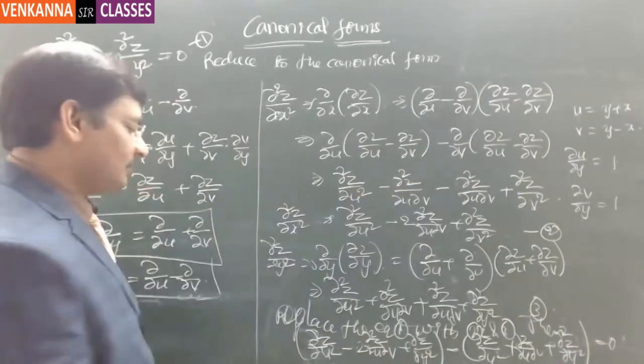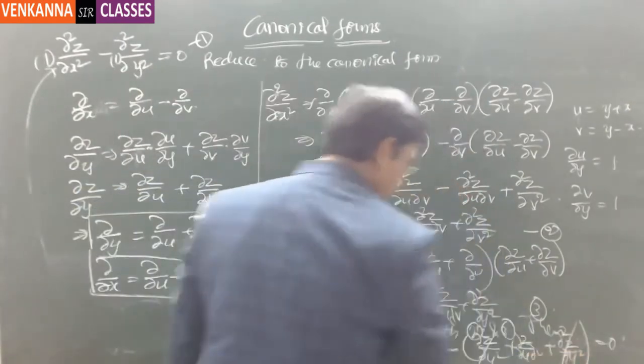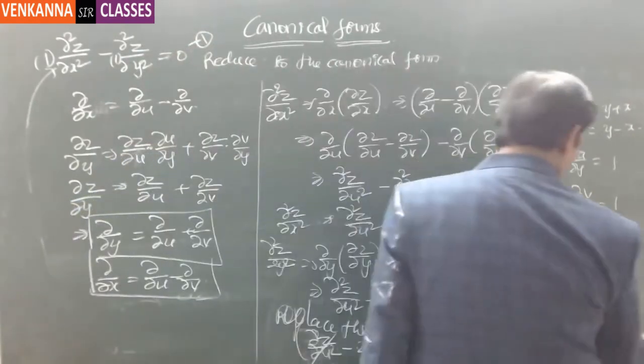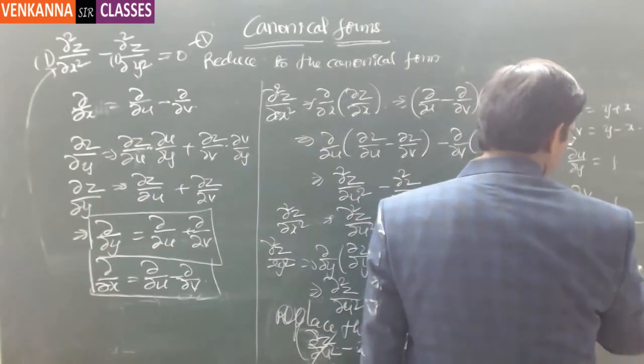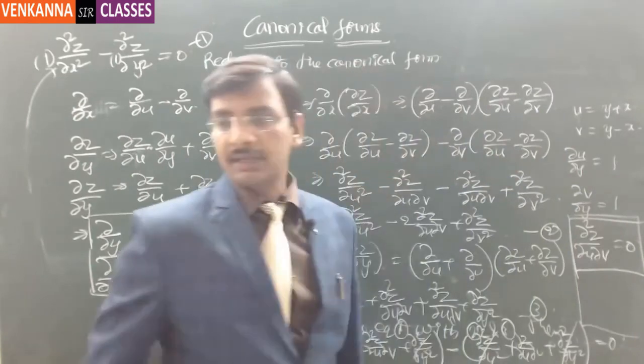Now if you further simplify, this one will cancel out, this one will cancel out, and finally what is left over is the solution, ∂²z/∂u∂v equal to 0. So this is a simple equation, which is nothing but the canonical form.